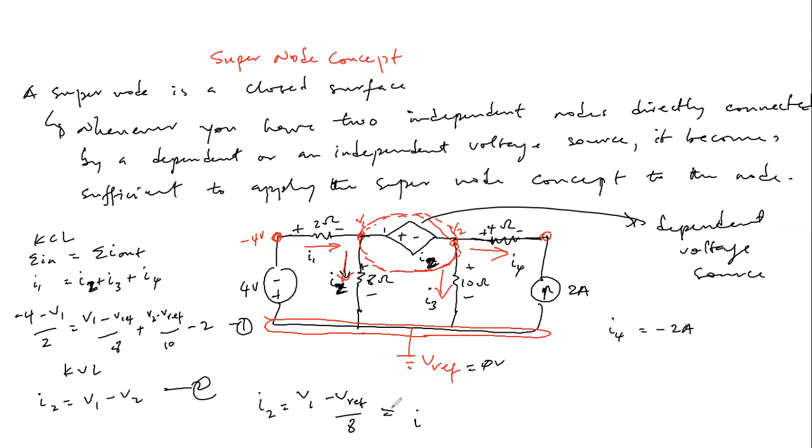So I2 is the same as V1 minus 0 divided by 8. So I2 is the same as V1 over 8. This is our third equation.